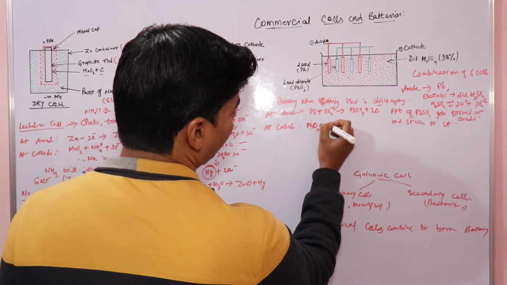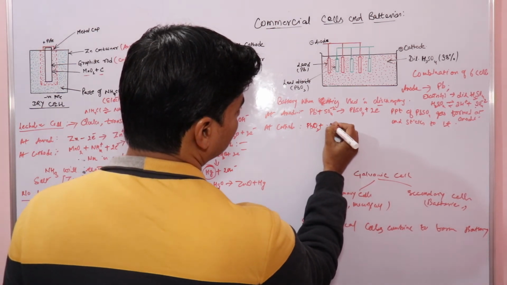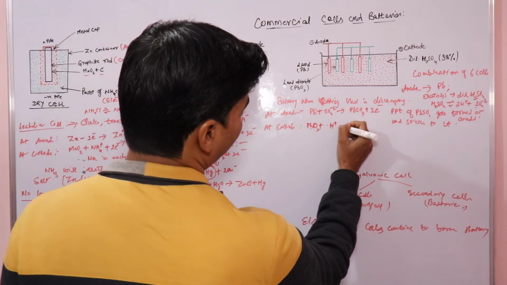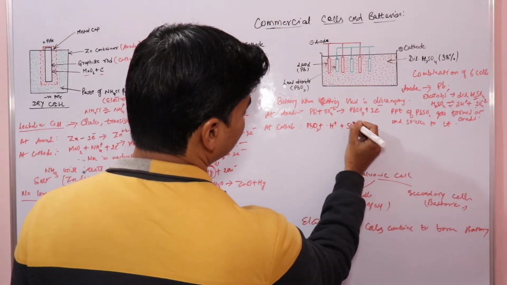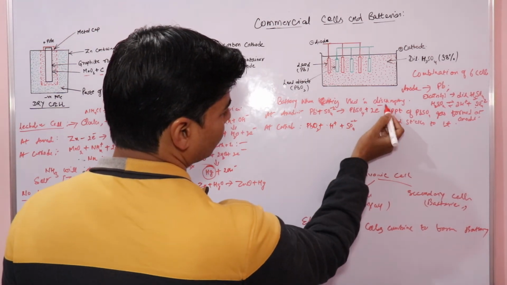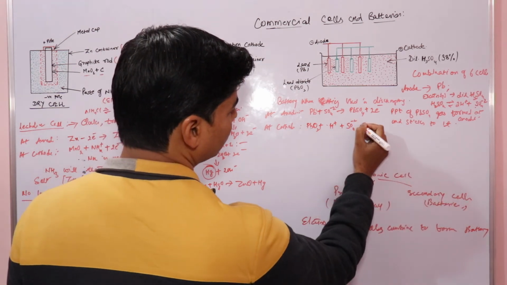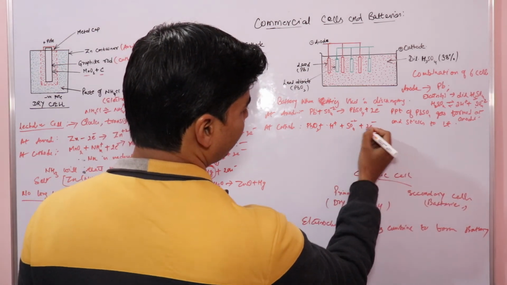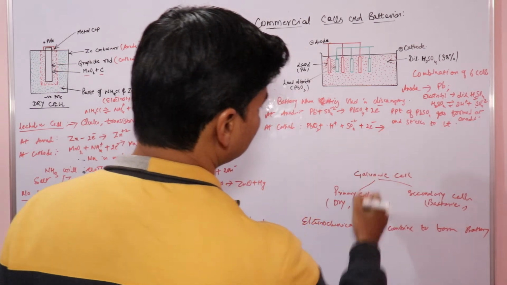PbO2 plus hydrogen ions plus sulfate ions, and since electrons lost at the anode are gained at the cathode, plus 2 electrons.